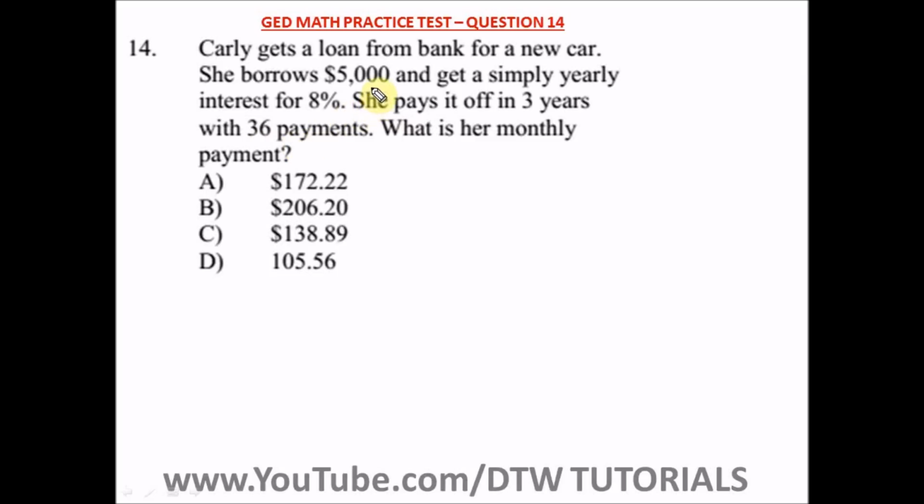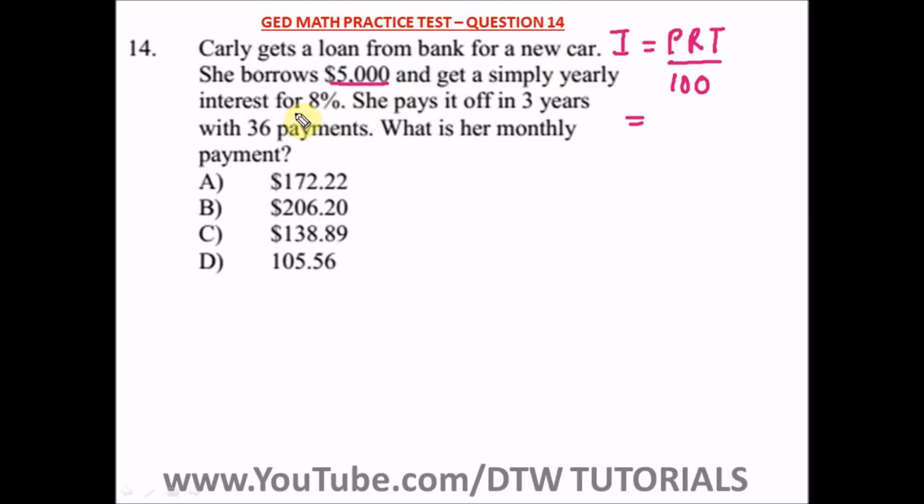So how do we get our interest? I hope you remember the formula to find your simple interest. I is equal to P, which is your principal amount, times R, which is your rate, times T, which is your time, divided by 100. What is our principal? Our principal is $5,000, which she borrowed.